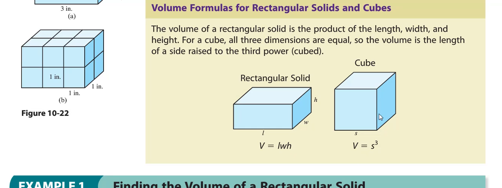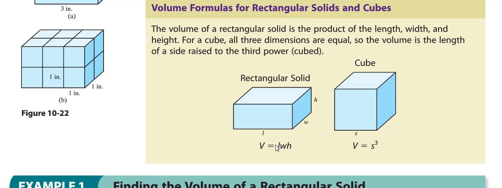If you have a cube, any cube, not just a unit cube, and you want to find the volume, you use the formula V equals S cubed. Each side is the same. The length for a cube is the same, the width is the same, and the height is the same.